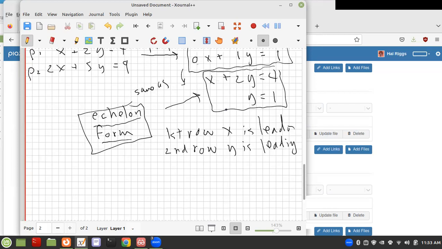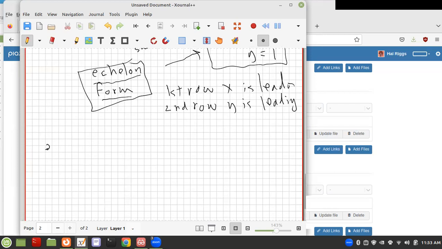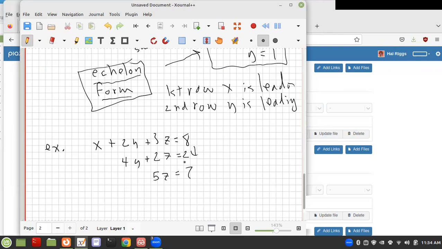Now, let me give you another example of echelon form so this makes sense. If I had X plus 2Y plus 3Z equals 8, and 4Y plus 2Z equals 24, and 5Z equals 7, well, this system is an echelon form, because the leading term in the first row is X and it has nothing underneath it.